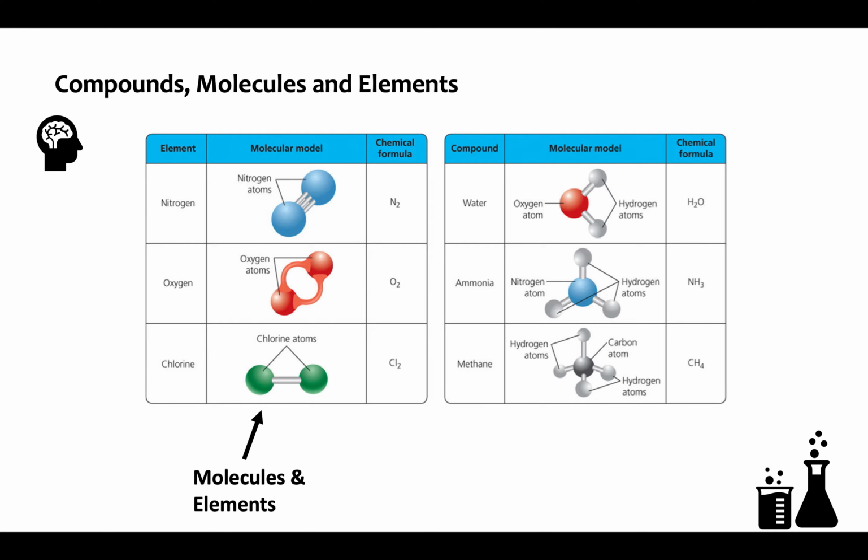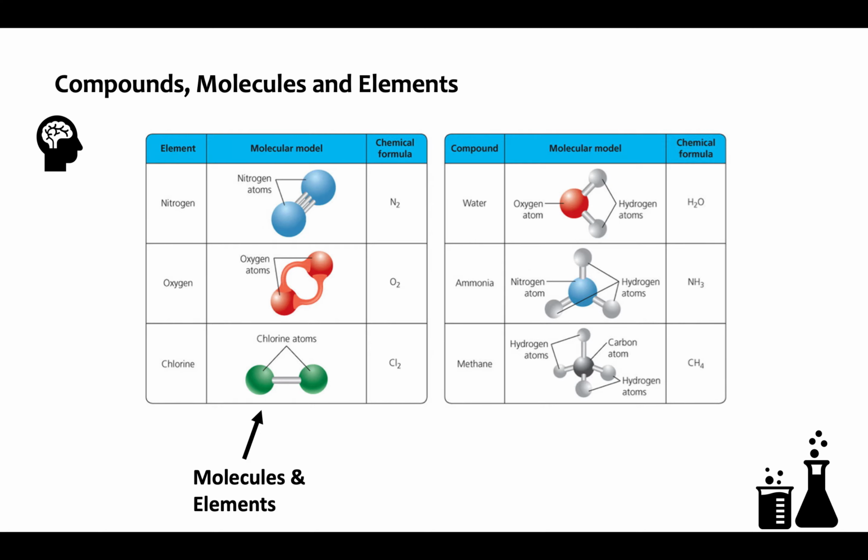So on the left, what we've got are molecules and elements. So we have obviously the elements nitrogen, oxygen and chlorine. They are elements because they only contain one type of atom. However, these guys are special because these elements exist as discrete molecules.